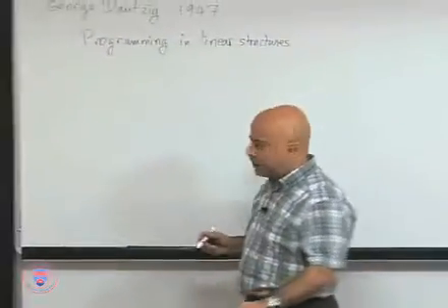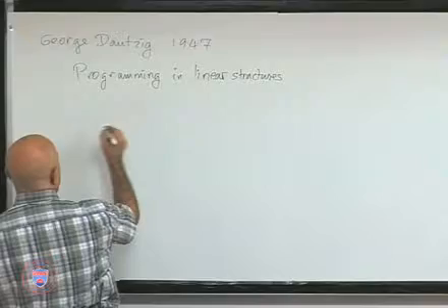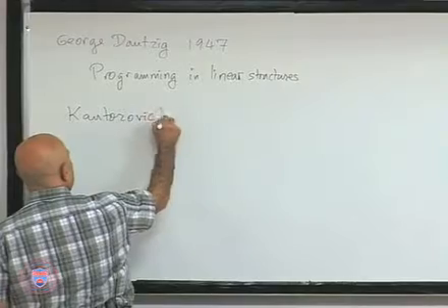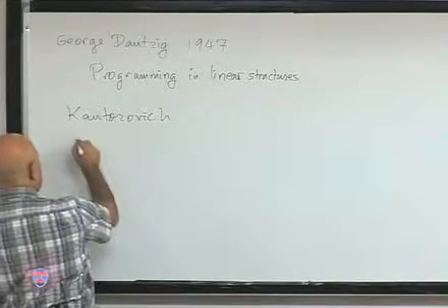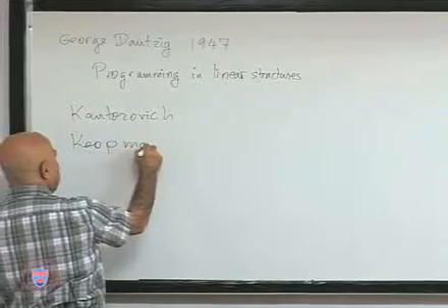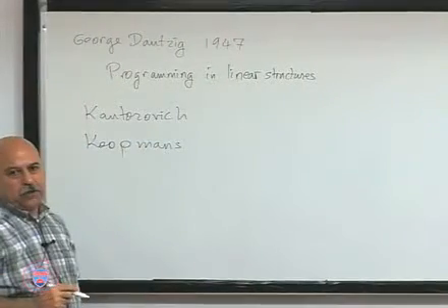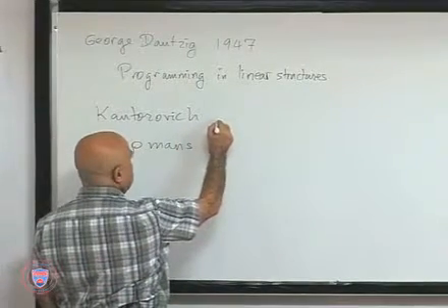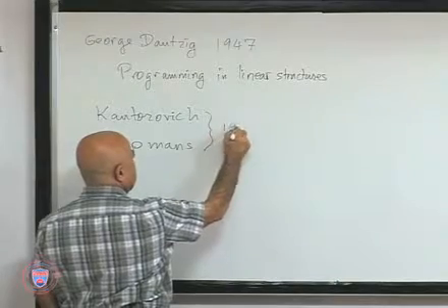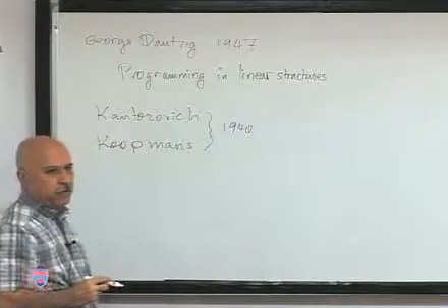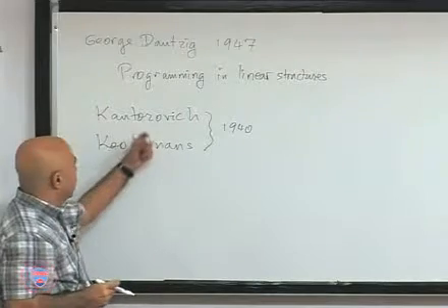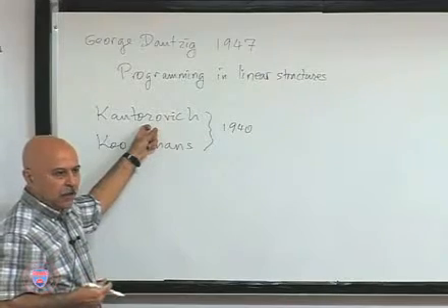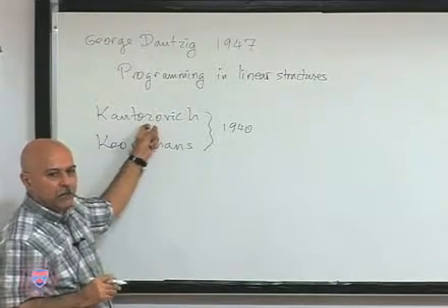And it turned out that prior to Dantzig's formulation of linear programming problems, there was a guy called Kantorovich in Russia, and also Koopmans in the United States. These people were working on economical problems back in 1940s, prior to Dantzig's work, maybe 1941-42. Kantorovich was working on input-output analysis and modeling some portion of the economy of Russia.